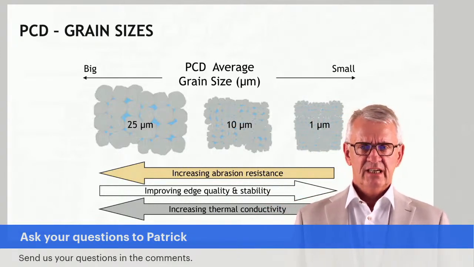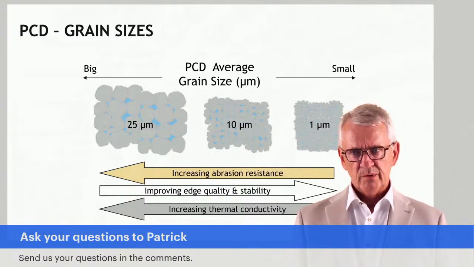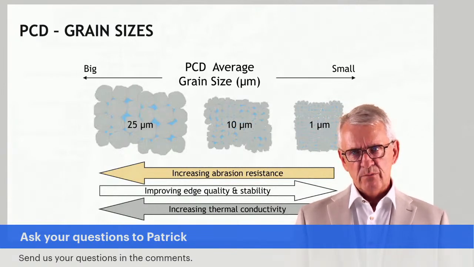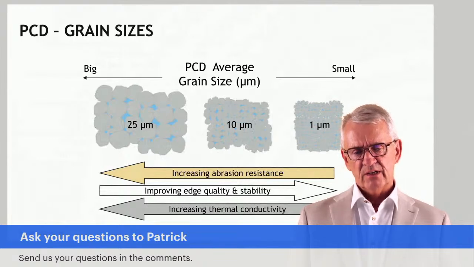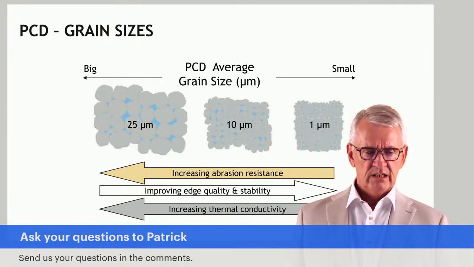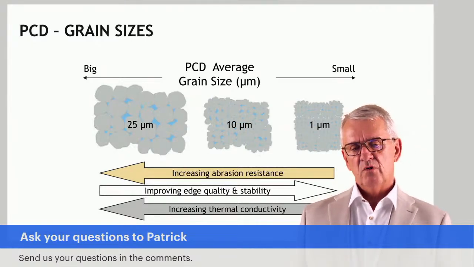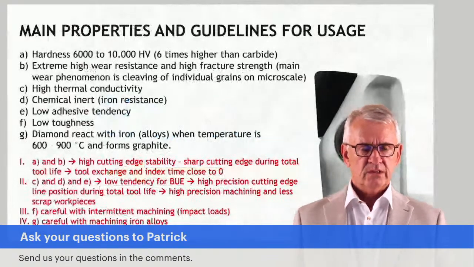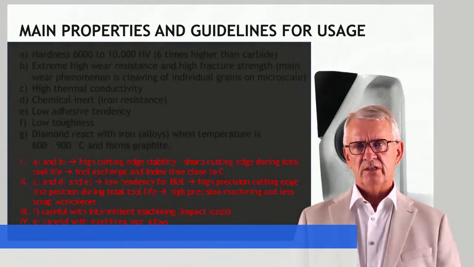And again, now I'm going to make a statement that some people perhaps find shocking, but one could say diamond can be used for roughing operations where we need the abrasion resistance and the high thermal conductivity, and there are PCD grades which we can use for more finishing type of applications.